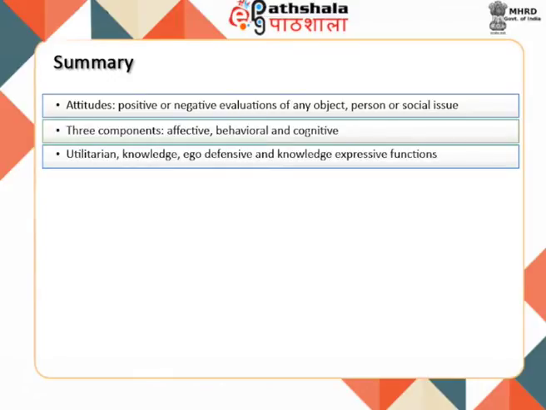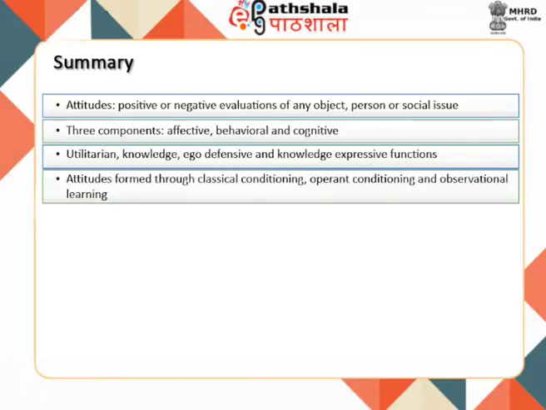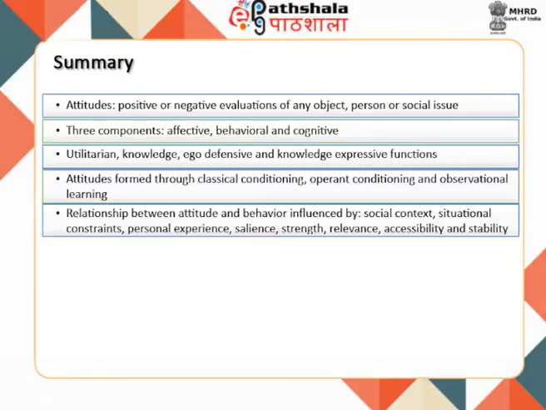Attitudes play utilitarian, knowledge, ego defensive, and value expressive functions. Attitudes are formed through classical conditioning, instrumental conditioning, and observational learning. The relationship between attitude and behavior is influenced by the social context, situational constraints, personal experience, salience, strength, relevance, accessibility, and stability of the attitudes.